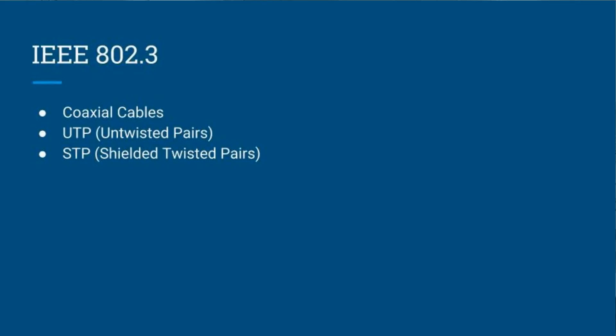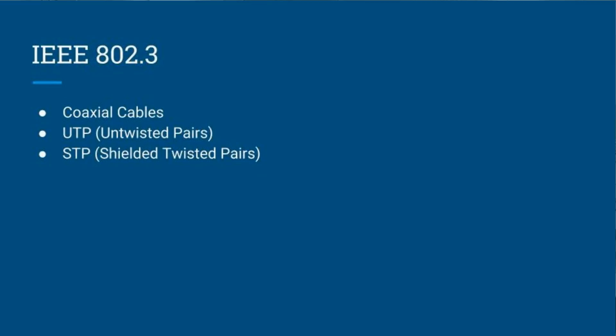They consisted of UTP, which is unshielded twisted pairs, and STP, which is shielded twisted pairs. One of the features of 802.3 is carrier sense multiple access with collision detection. This protocol makes sure that no Ethernet data frames being sent within the same network collide and cause a traffic jam within the data.